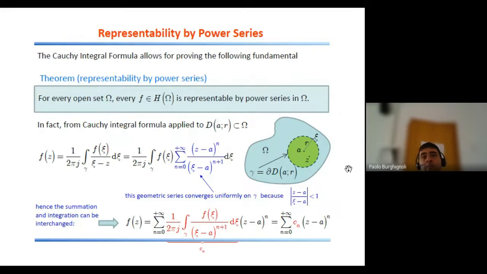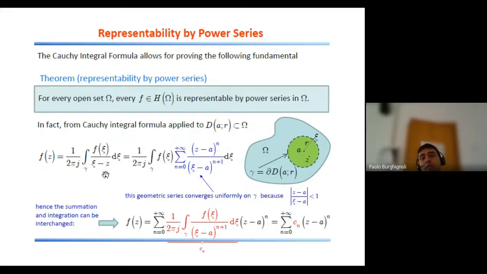And consider what the Cauchy integral formula tells us about the value of the function f at any point z which is inside the green circle, as you can see, for example, here. Now, the Cauchy integral formula gives us a representation of the function f in terms of an integral which is performed around the boundary of the circle, so this dashed line at the boundary between the green area and the blue area.